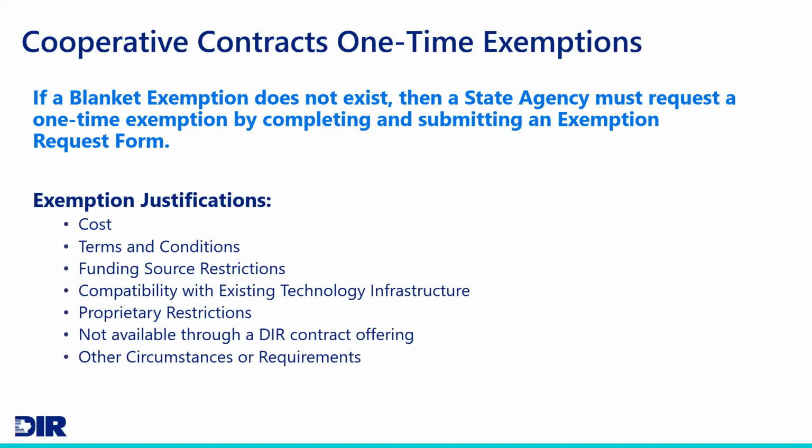Maybe it's proprietary, or maybe it's just not available through a DIR contract. There are other circumstances or requirements that you can justify to us as well. But these are the justifications you can utilize when you submit that exemption request form to DIR to go outside of the DIR contract.